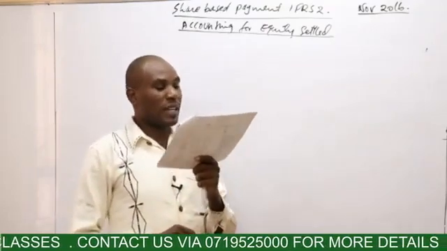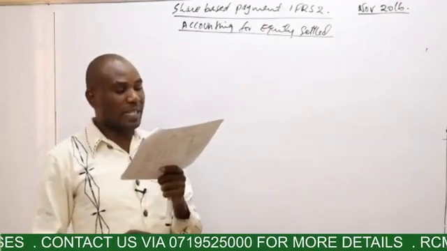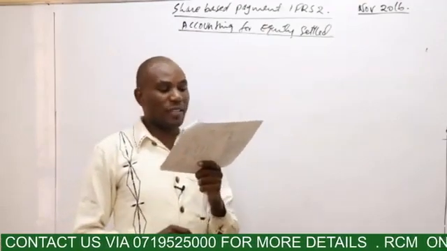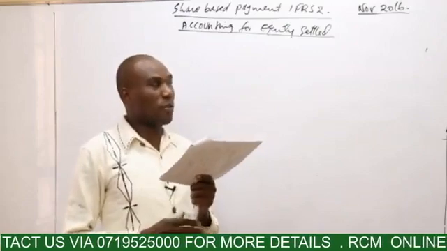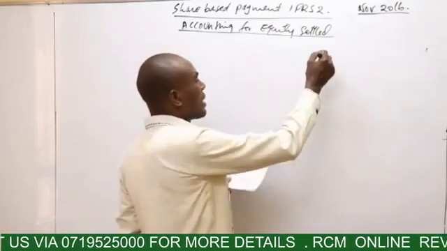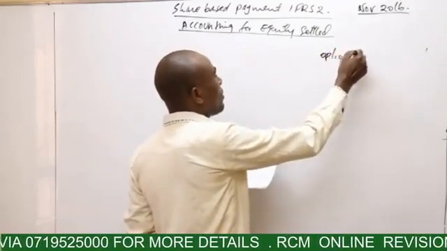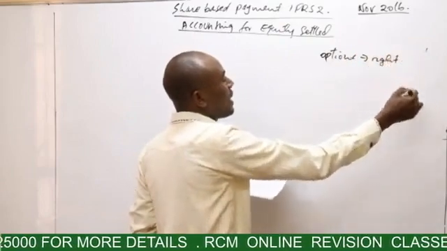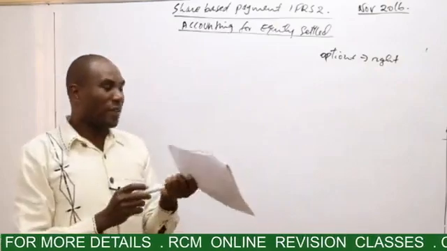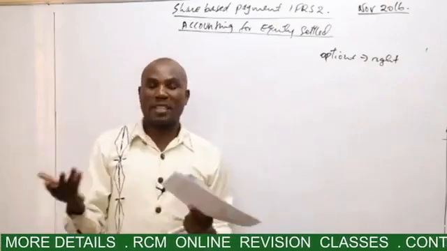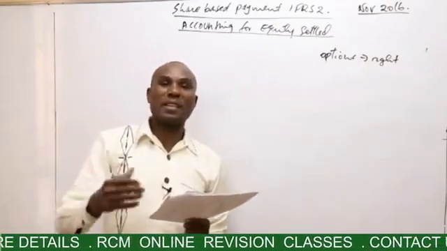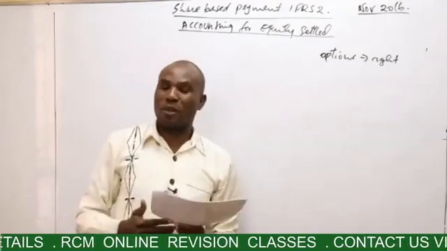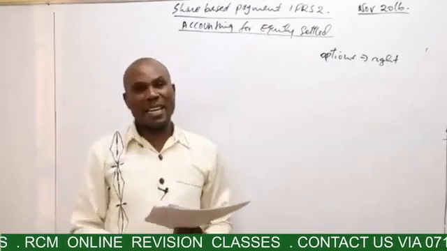Therefore, as part of the staff motivation program, Beta Limited decided to grant each of its 600 employees 100 options. Remember, share options mean the rights to purchase company shares in future at a fixed price. For example, we can fix our price for the option like shillings 10 in 10 years to come.